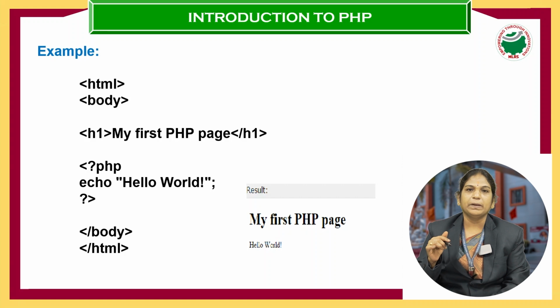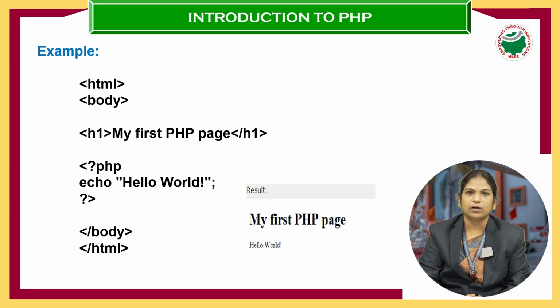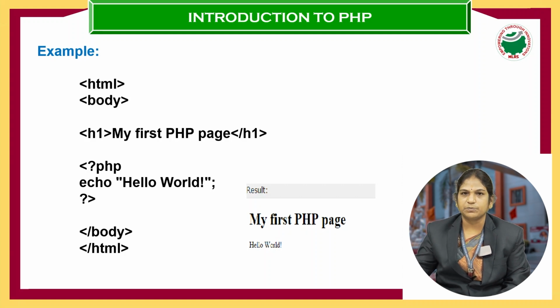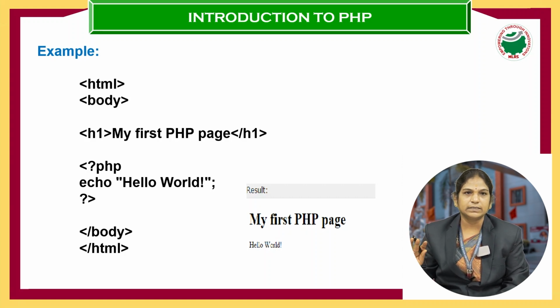Next we have opened the PHP code, and I have written the statement echo hello world and closed it, and saved the file as filename.php. Then when we execute it on the browser, the output will be two lines. First, My First PHP Page, which is the heading of the program, because it has been enclosed inside the h1 tag, which is one of the header styles of our HTML page.